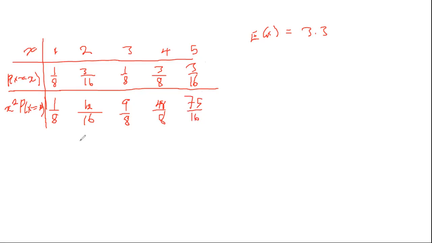So we are now going to first get the expectation of x squared, which is the same as the summation of x squared times probability of X equaling small x.